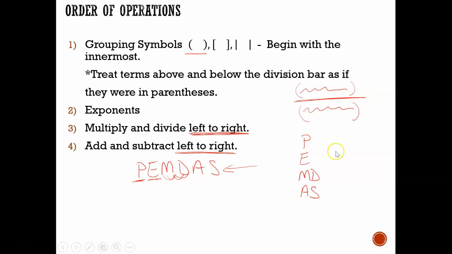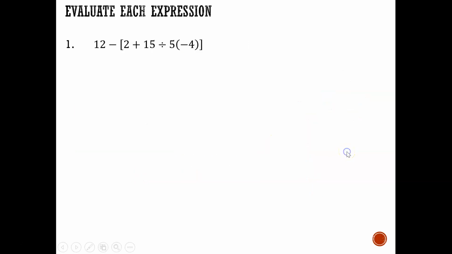So let's practice some examples. Here in this example, we see there are square brackets. There's also parentheses, but inside the parentheses there's no operation. Those are just there as a multiplication symbol. So first step is we're going to work inside the square brackets. And when we look inside those, we see there are several operations.